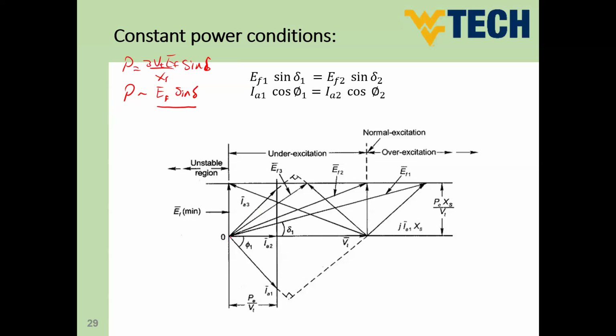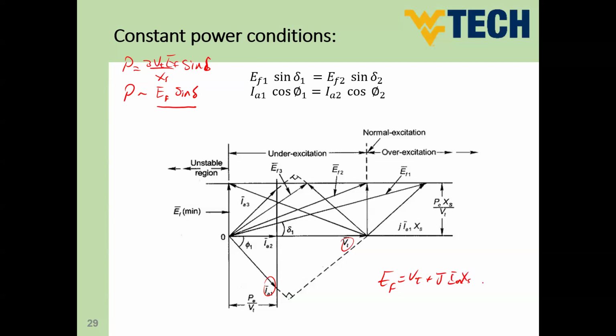So in case of lagging power factor, this is V terminal. This is IA. So we have IA RA if we neglect the resistance right here. So we can say the equation is EF equals V terminal plus jIA XS.